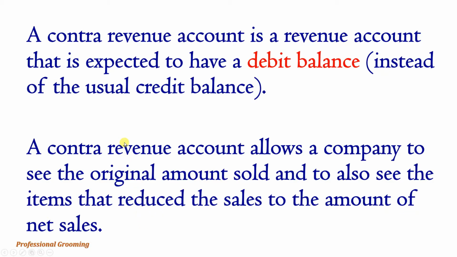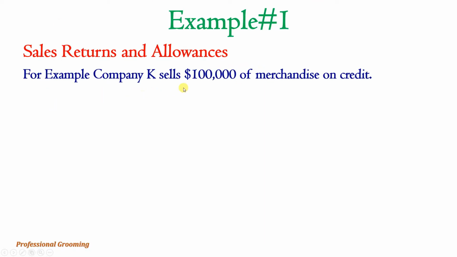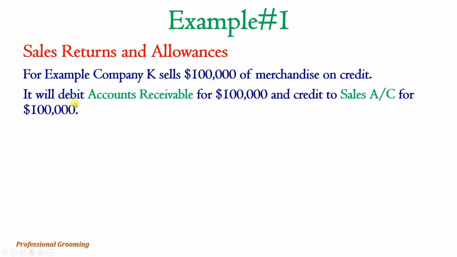Let me elaborate on this more with an example. The example number one we are going to discuss is sales returns and allowances. For example, company K sells $100,000 of merchandise on credit to a customer. It will debit accounts receivable for 100,000 and credit the sales account for 100,000. This is the first entry we make when we sell goods.